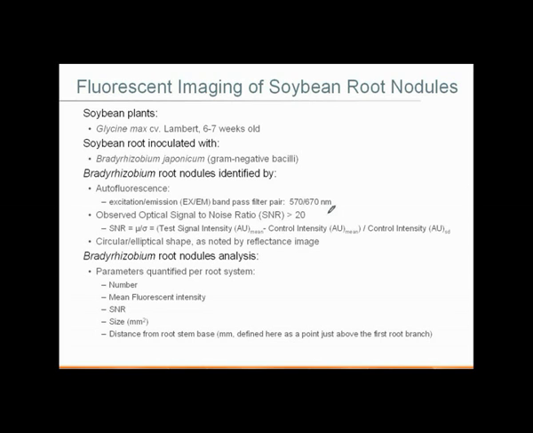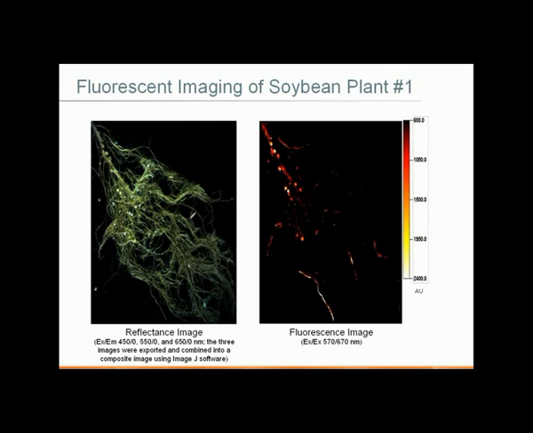So you can take a soybean plant, infect it, and then put its roots on the platen and image them by both fluorescence and reflectance imaging. On the left here, you get a nice image of the root structure in a full color image. In this case, by taking a 450, a 550, and a 600, a blue, green, and red image, and overlaying them. And you can already start to see visually one or two of these nodules quite simply.